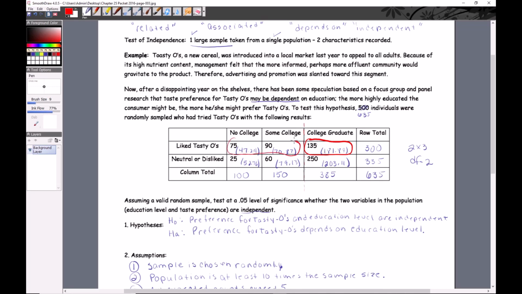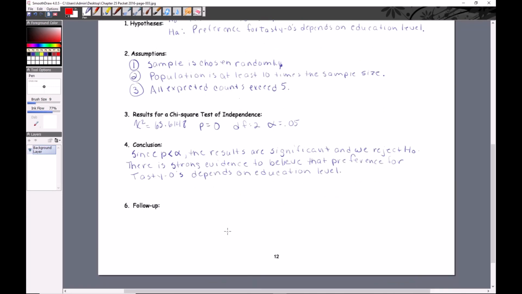In fact, both of these. Neither one of these graduated from college. We were expecting about 47, we got 75. We were expecting about 71, we got 90. So what we're seeing here is that college people don't tend to prefer Tastios, but people that never graduated sort of do.